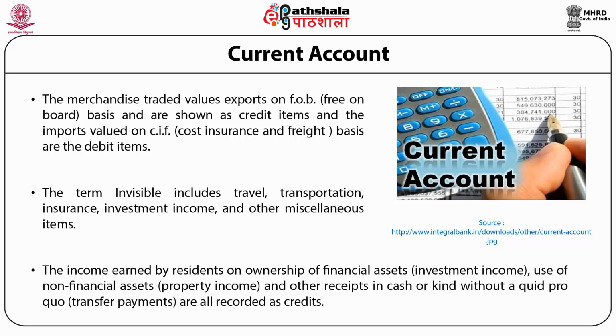The income earned by residents on ownership of financial assets, that is investment income, use of non-financial assets, that is property income, and other receipts in cash or kind without a quid pro quo, that is transfer payments, are all recorded as credits. Similar remittance made by residents to non-residents are recorded as debits.